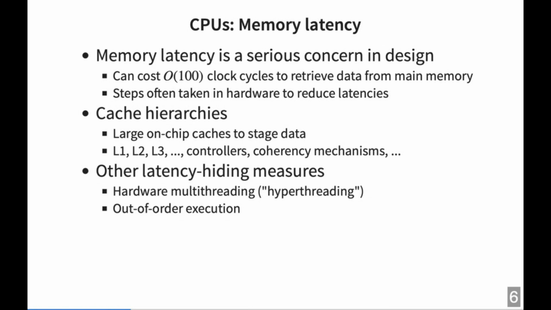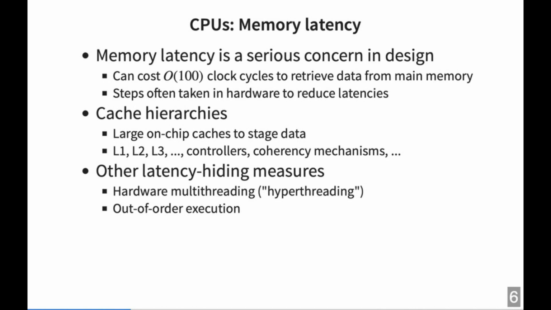So a great deal of processor design has gone into reducing the potential of being affected by this issue of memory latency. And this really expresses itself most commonly in cache hierarchies.